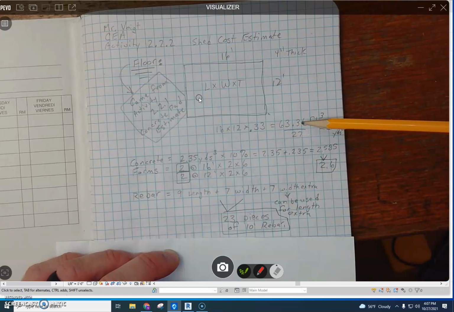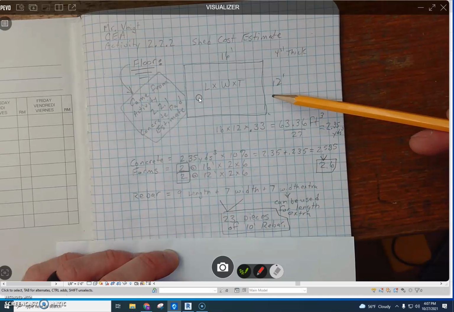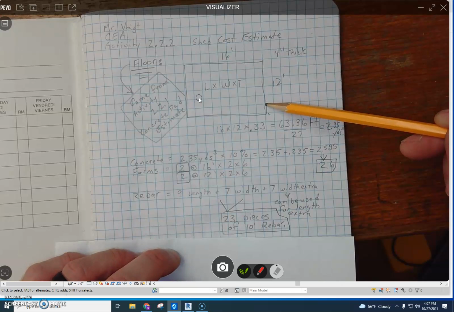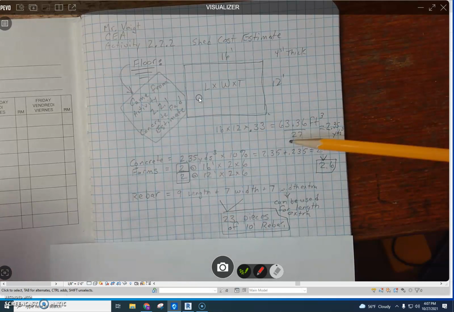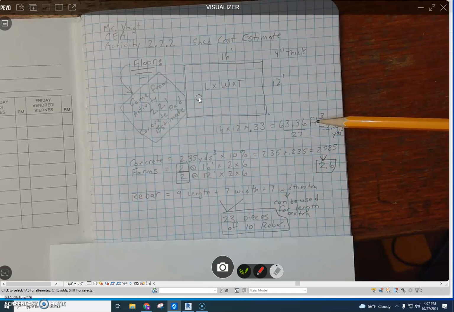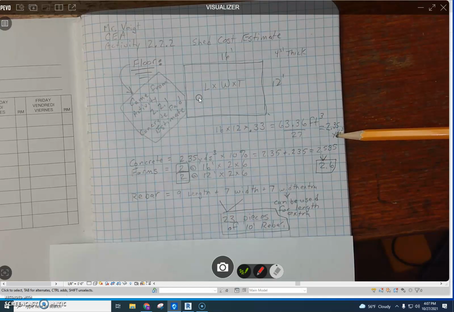When we multiply those together, we get 63.36 cubic feet in that piece of concrete. So a cubic foot is a piece of concrete that is 1 foot wide by 1 foot tall by 1 foot deep, right?